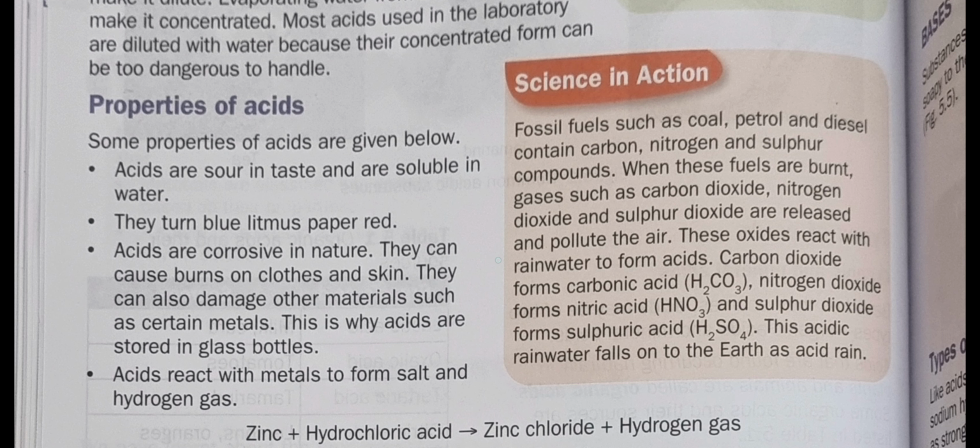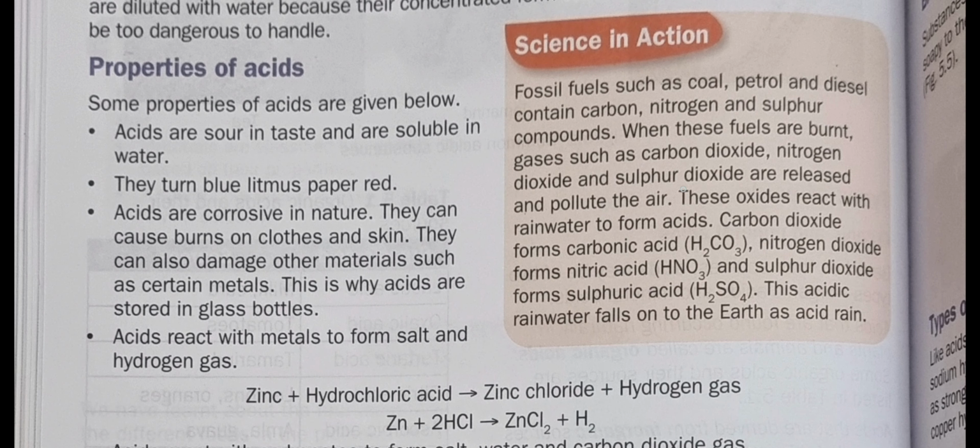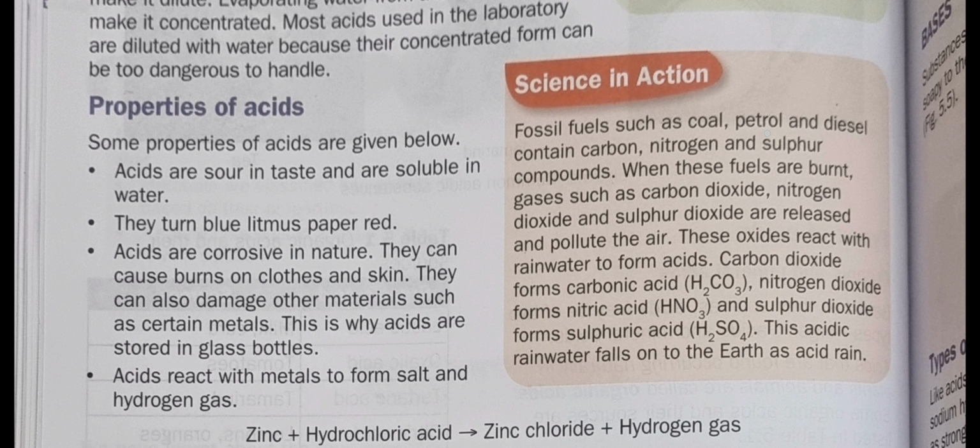So now we will learn the properties of acids. Some properties of acids are given below. Acids are sour in taste and are soluble in water. They turn blue litmus paper red.